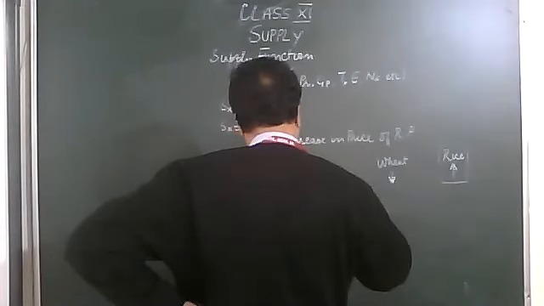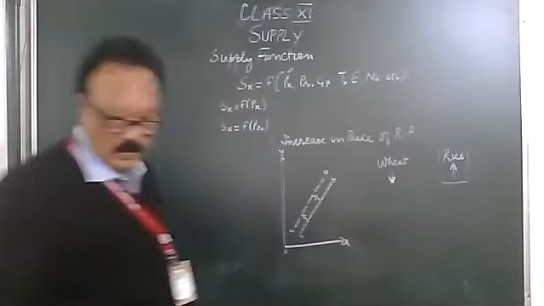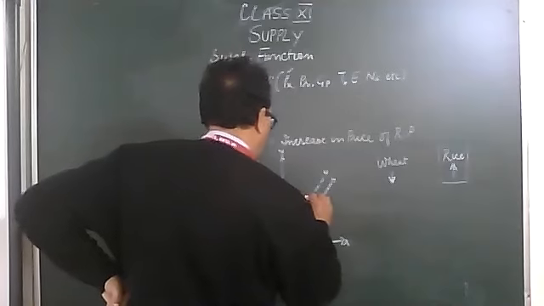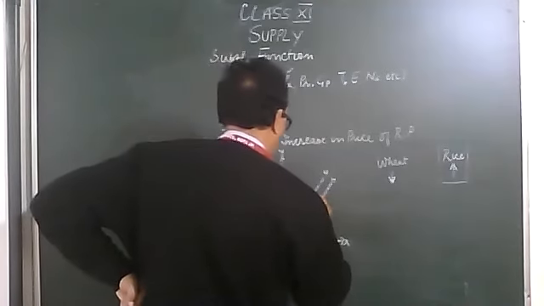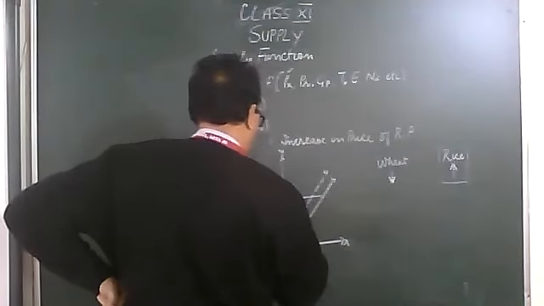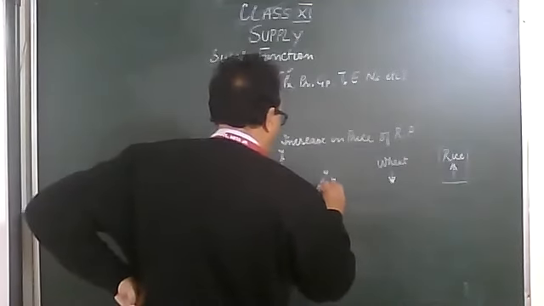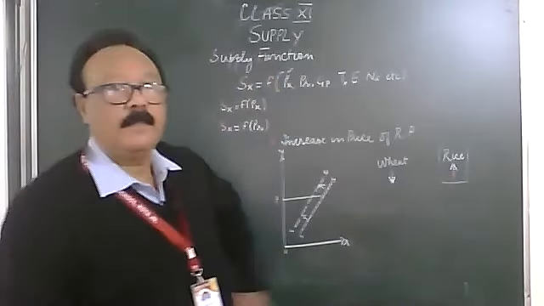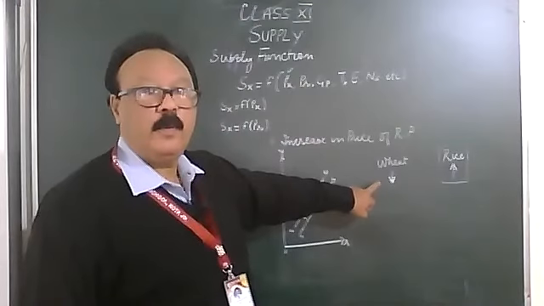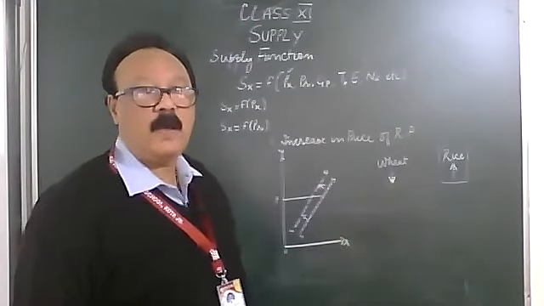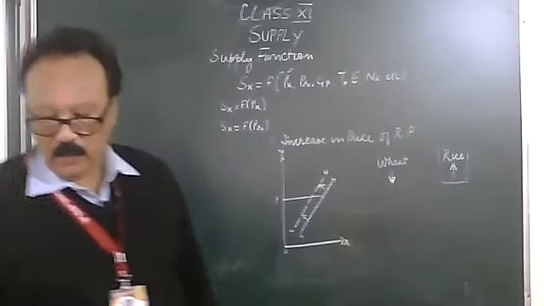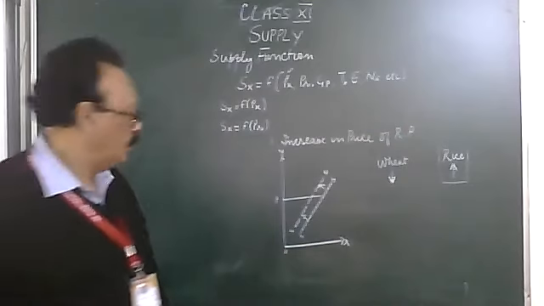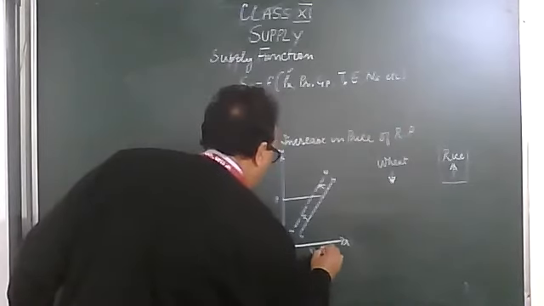Assuming this used to be the price of the related product originally, if the price of the related product increases, the supply of the one in question will drop down. In other words, it will shift to the left, or it will have a backward shift. This is quantity supplied and this is the price.